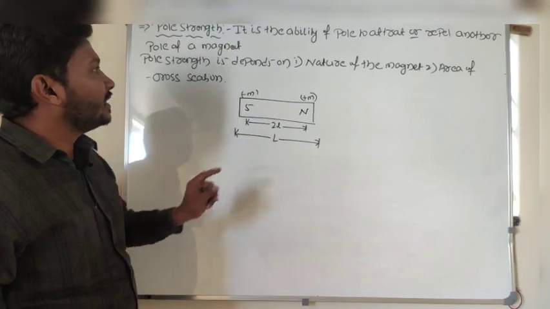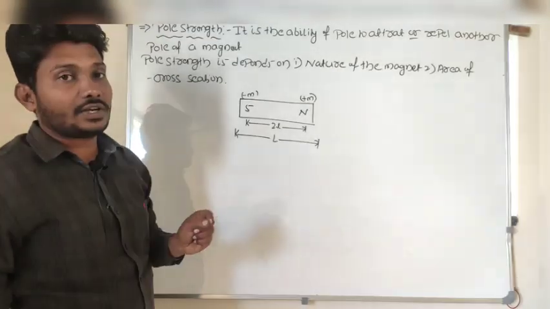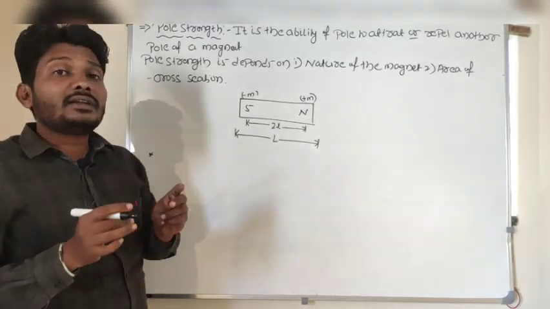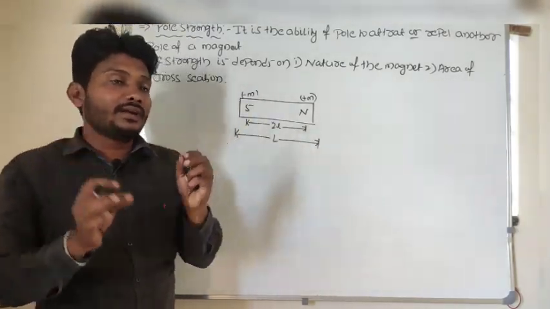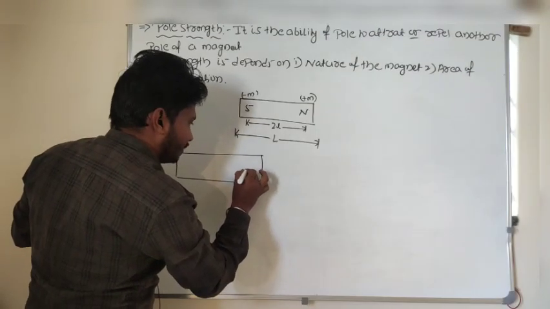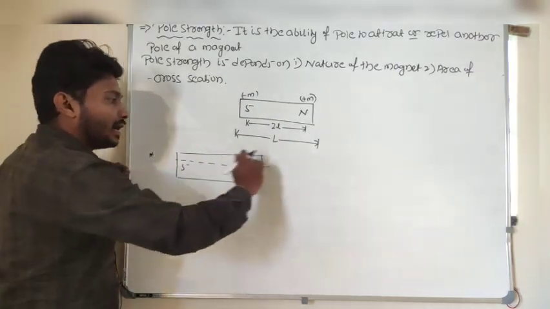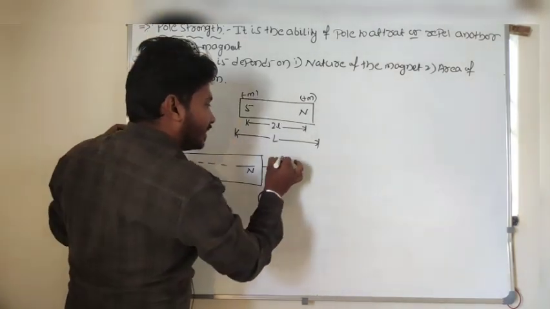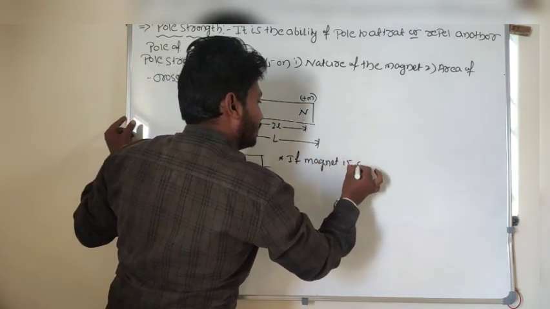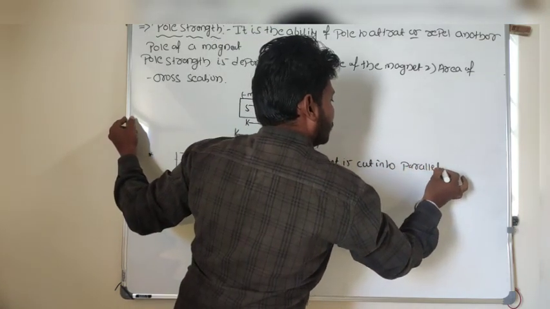I said that pole strength depends upon the nature of the magnet and the area of cross section. For example, I will take a bar magnet with a north pole and south pole, and cut it in a parallel manner.